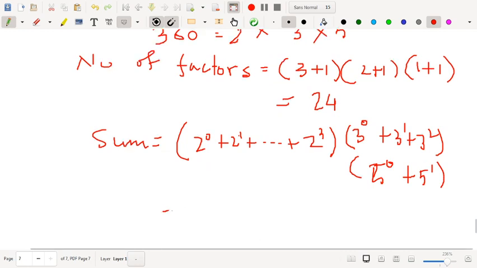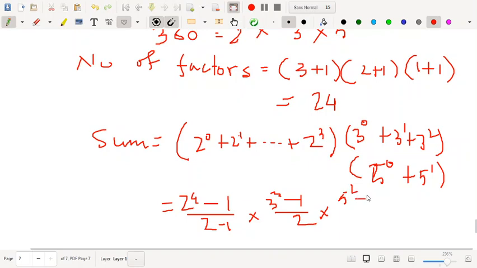That equals 2 to the power 4 minus 1, the GP series. I already gave you the formula. Then 3 cube minus 1 by 2 into 5 square minus 1 by 4. So this is the answer. You will calculate it, and this is the answer.